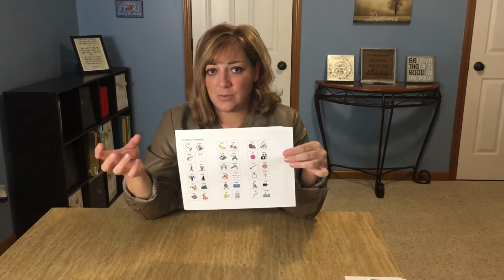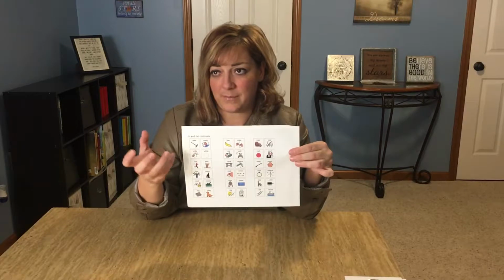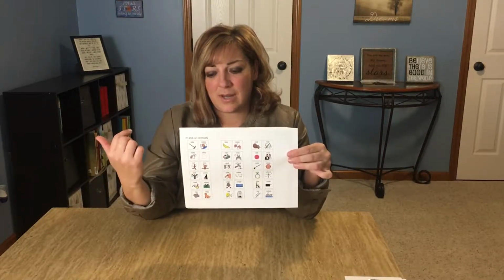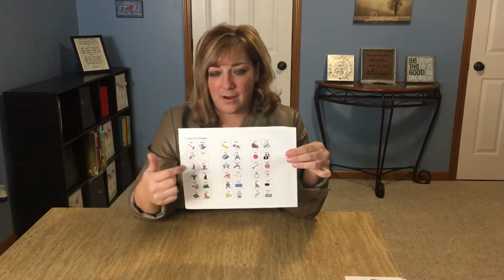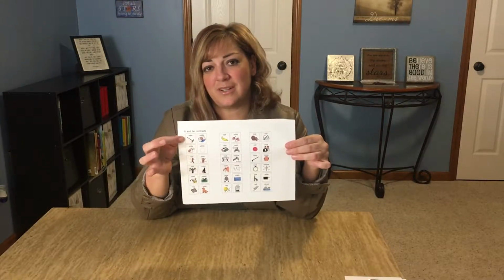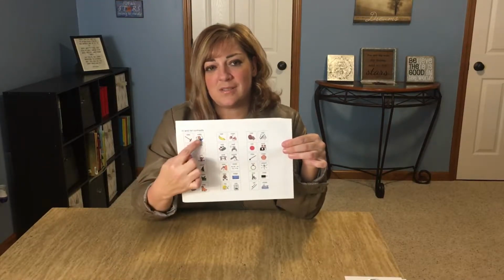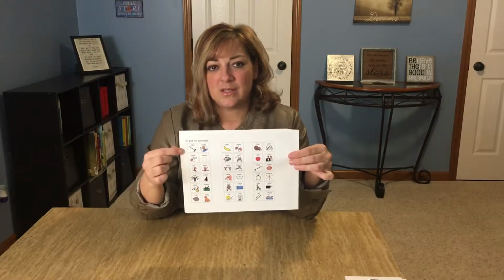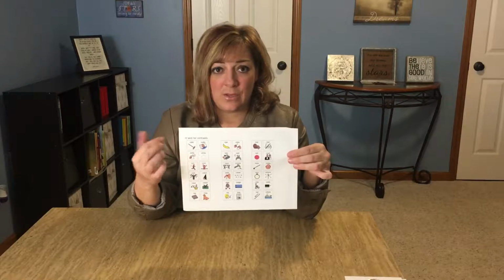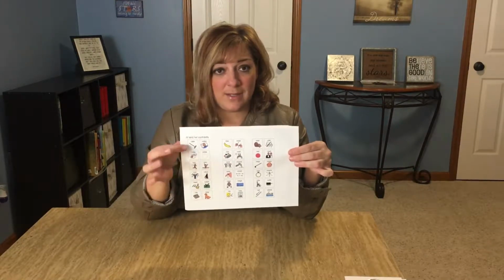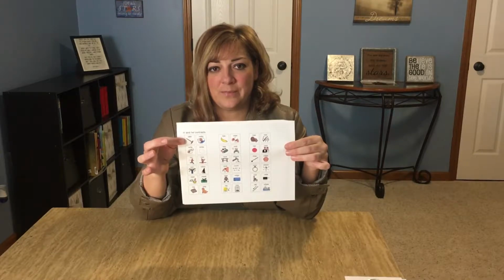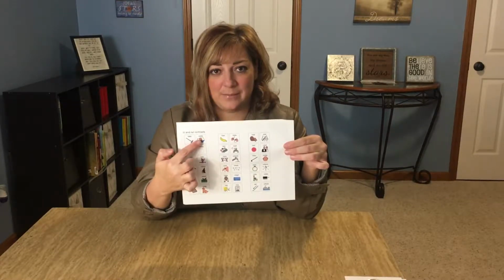So if you're trying to work on your child producing an R sound and they make a W, then you try to find words that differ only by that R and W. So for instance, this word is rake and this word is wake. So if they're processing those as different sounds, rake, wake, you could do something like, okay, I'm going to say the word. Now you tell me which one I'm saying, wake, and have them point to wake.